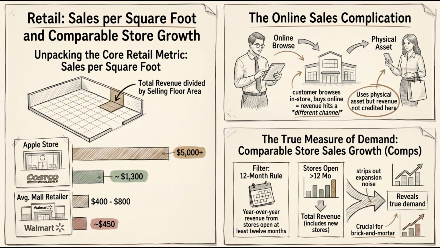Costco generates roughly $1,300, and Walmart is closer to $450. Online sales make this trickier, as a customer who browses in-store but buys online still utilizes the physical asset. To cut through the noise, analysts use comparable store sales growth, which measures year-over-year revenue from stores open at least 12 months, revealing the true demand for the business.